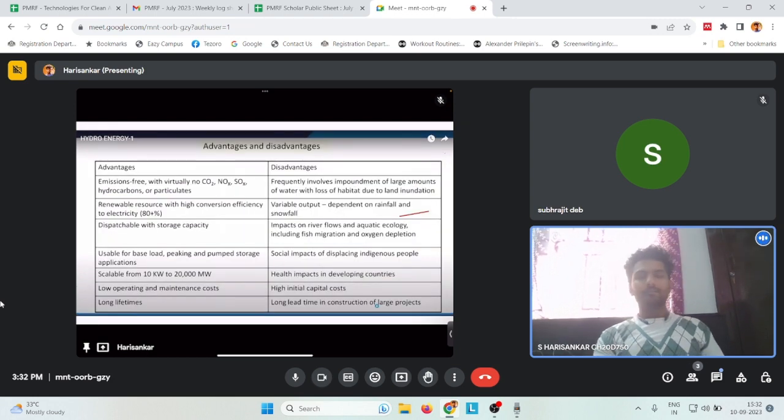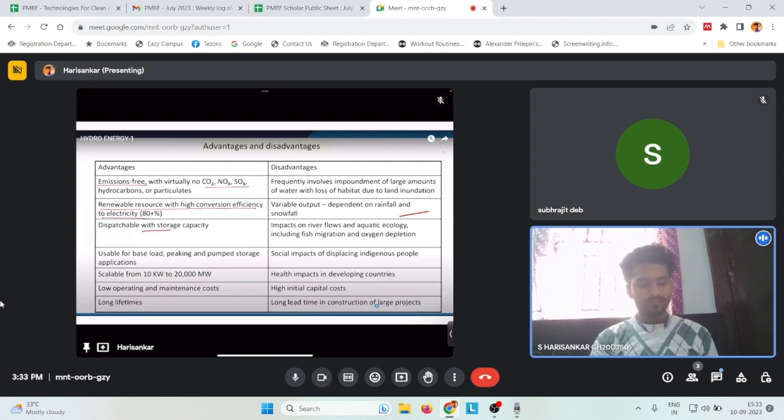Some of the advantages and disadvantages of hydropower: firstly, because it is a renewable source of energy, there are no emissions. Virtually no carbon emissions, or nitrogen oxide or sulfur oxide emissions, no kind of emissions. Hydropower is considered a renewable source of energy with a high conversion rate, with greater than 80% conversion efficiency.